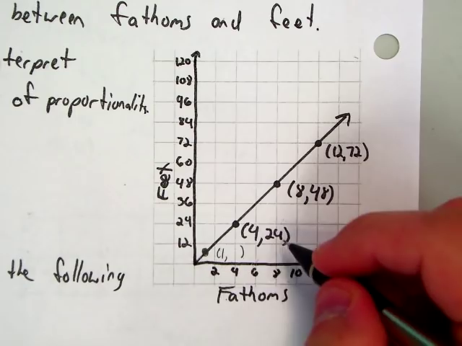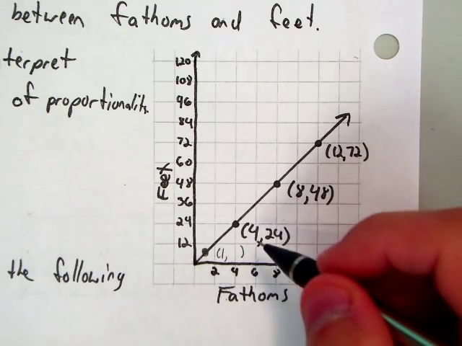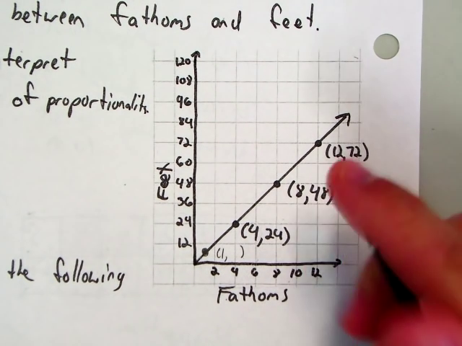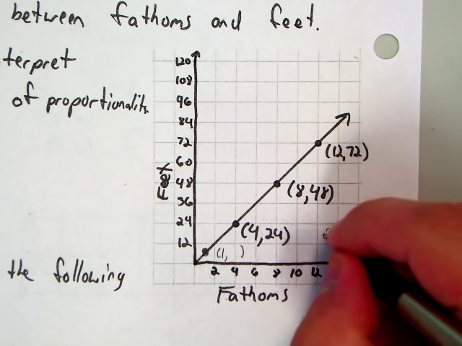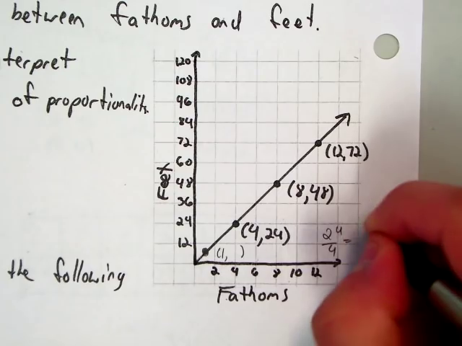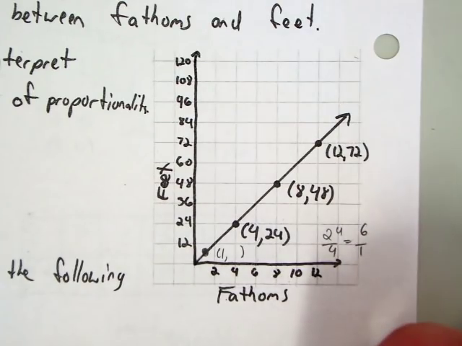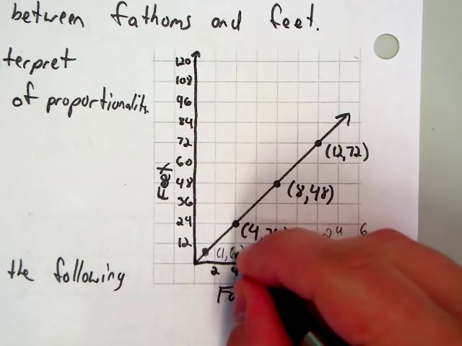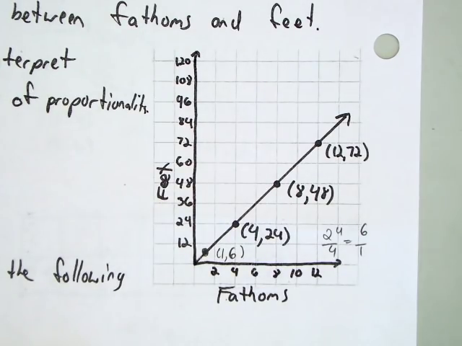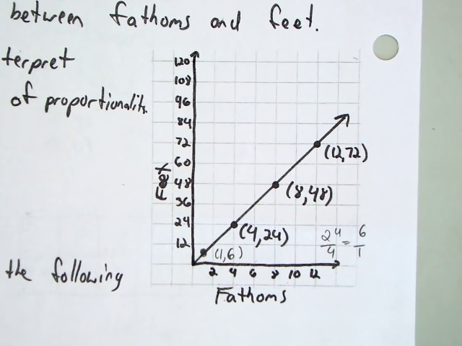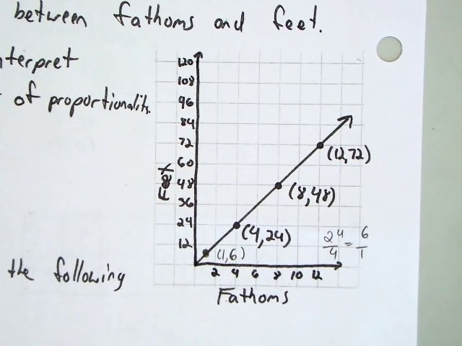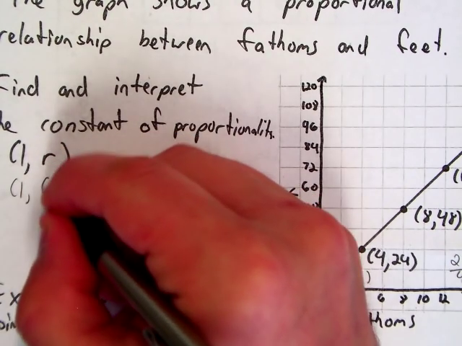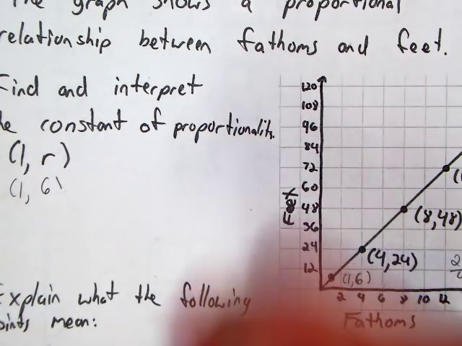And things that are proportional have a constant of proportionality. So if I take 4, how do I get it to 24? Well, I would do 24 divided by 4. And that is 6 over 1. Which means that this last part of this ordered pair is going to be 6. So the constant of proportionality is 6. So my ordered pair is 1, 6.